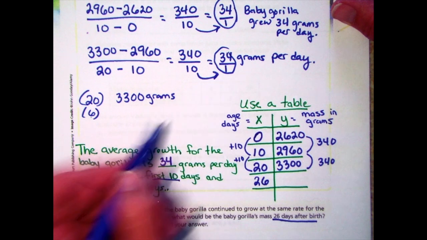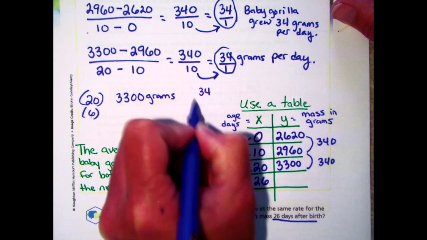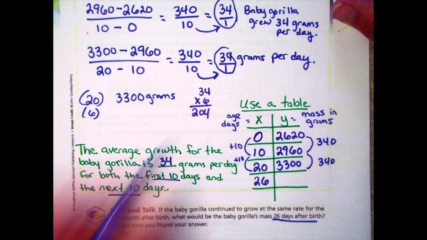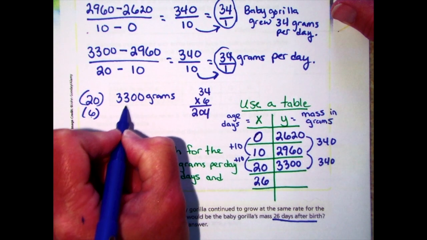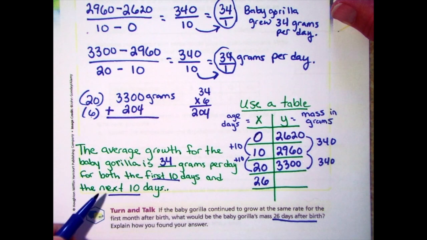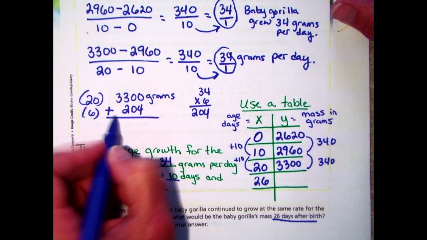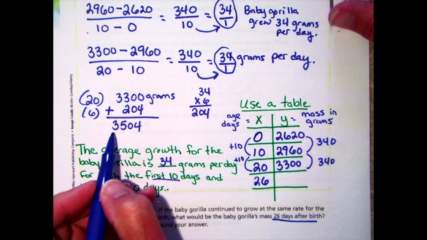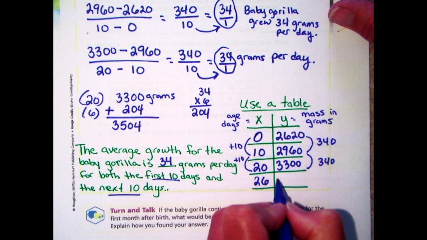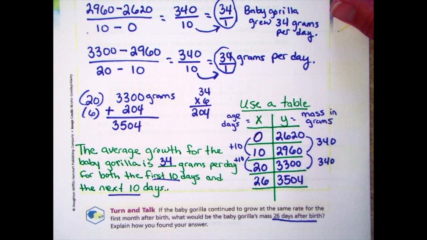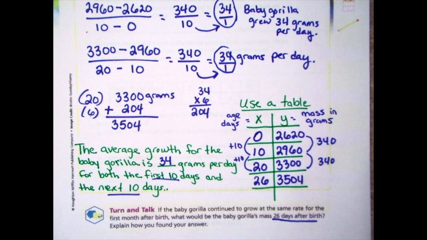So if we take 34 and we times it by 6, we get 204. And then all we'd have to do is add the 204 to the 3,300 to get how much it would weigh at 26 days. So the baby gorilla weighs 3,504 grams after 26 days. So that's the way you would solve that problem.